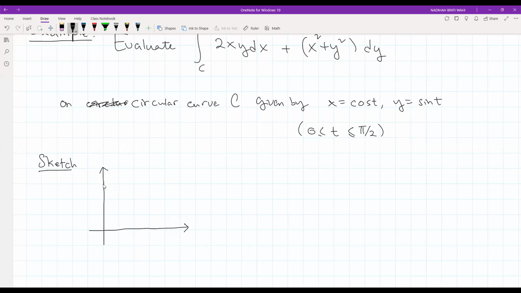Tak cantik. Alright, macam itulah. So this is the curve C. T from 0 to pi/2. So this is the angle from 0 to 90 degrees. So this is the C.